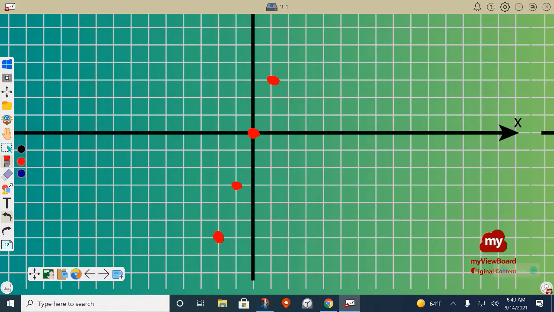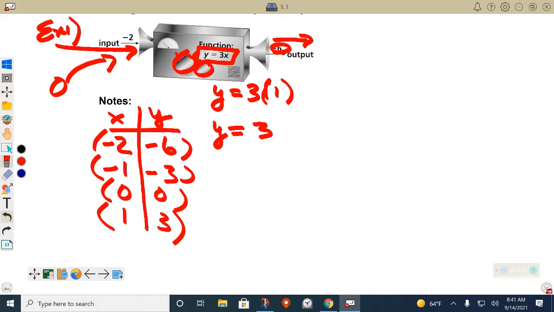Now, would this be a continuous function or a discrete function? Discrete. Right now it's discrete, but in actuality, continuous. I can put all kinds of inputs. How about 0.5, a fraction?